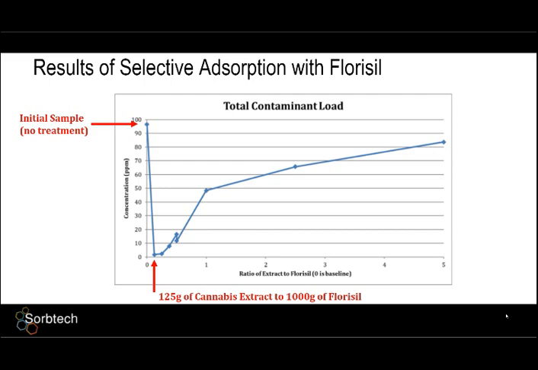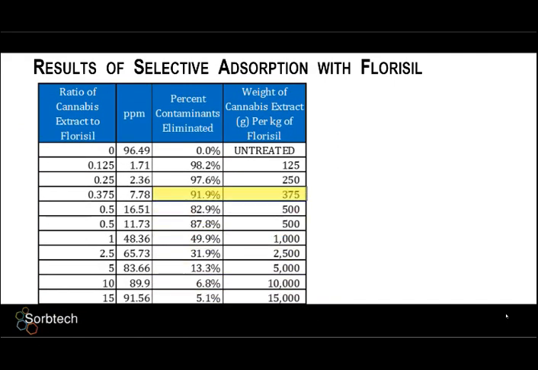And that as we increased the amount of cannabis extract, we decreased the amount of contaminants that we eliminated. And this is the same information in a tabular form. We eliminated 98.2% of the contaminants using this ratio.